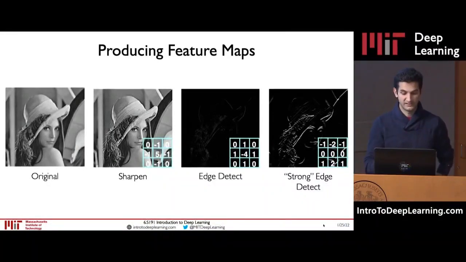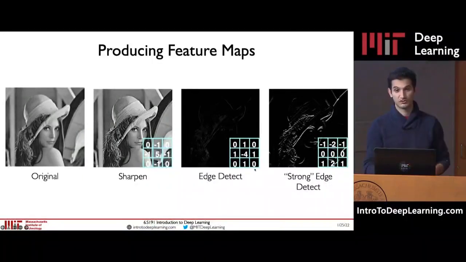So for example, if we take this filter, this 3x3 matrix of numbers, 9 weights, and we slide it across our entire image, we actually get the same image back, but in sharpened form. So it's a much sharper version of the same image.